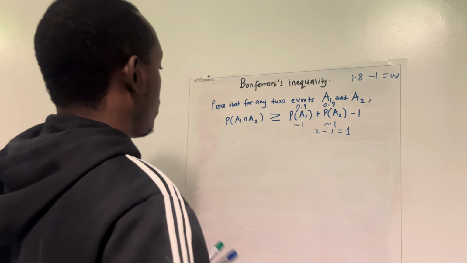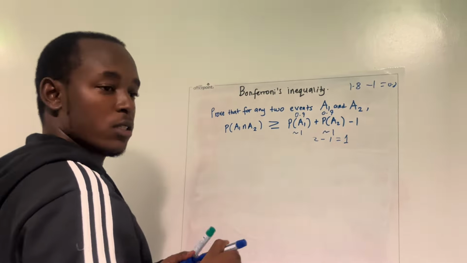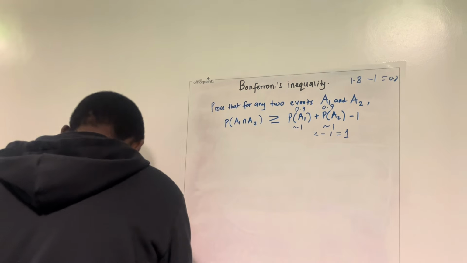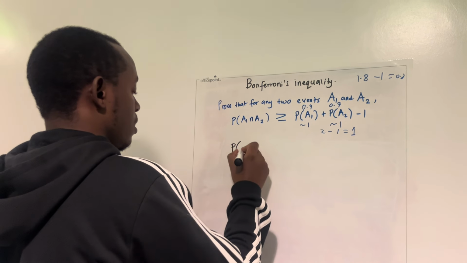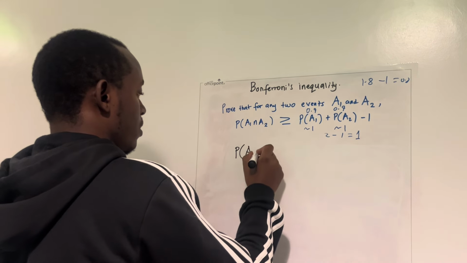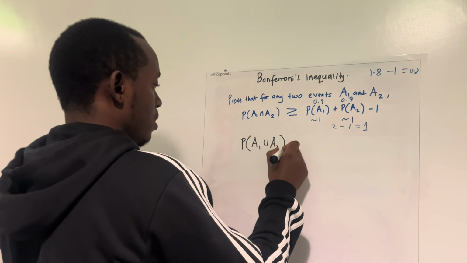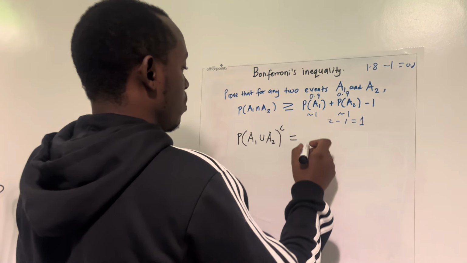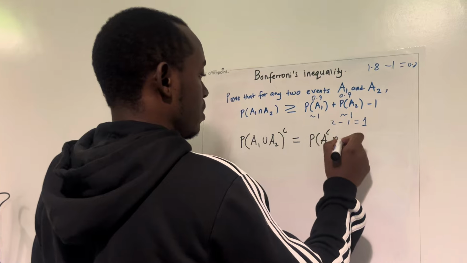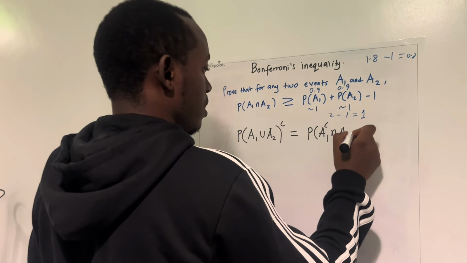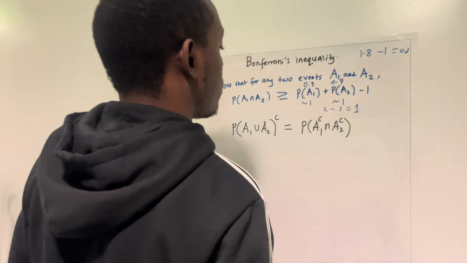Okay, so we are going to use De Morgan's laws to prove this, and we are going to say that the probability of A1 union A2 complement is going to be equal to the probability of A1 complement intersection A2 complement.